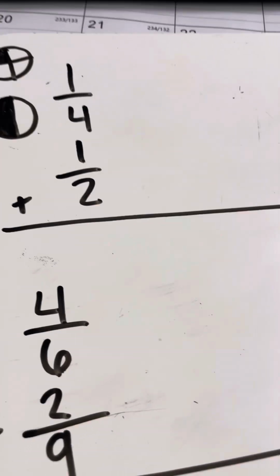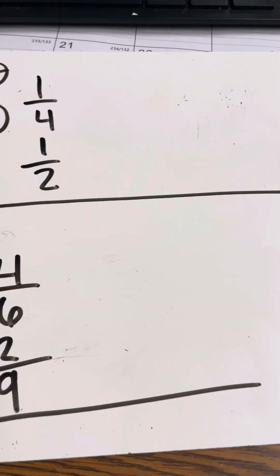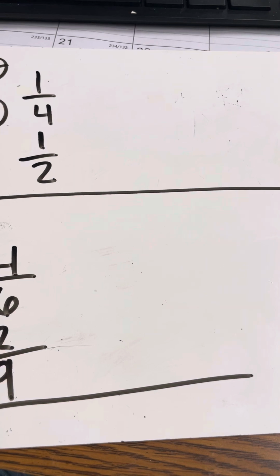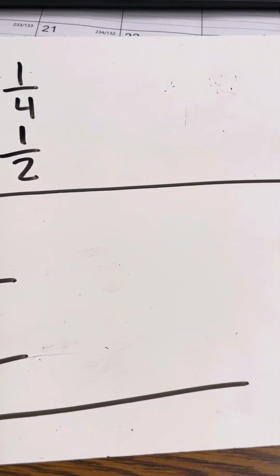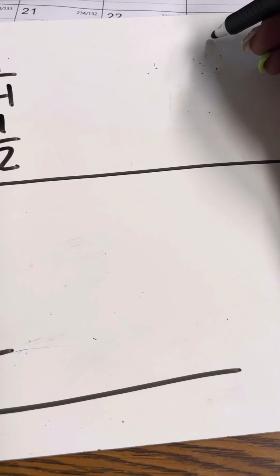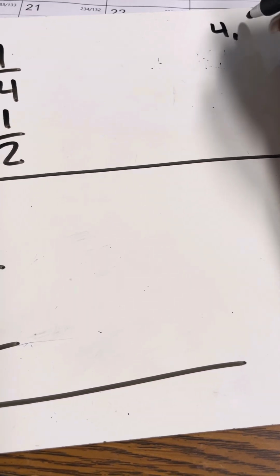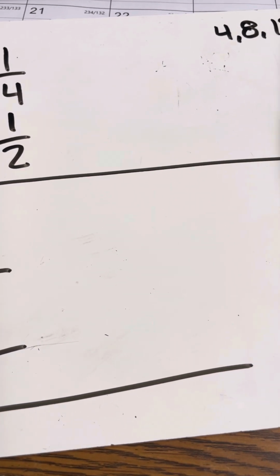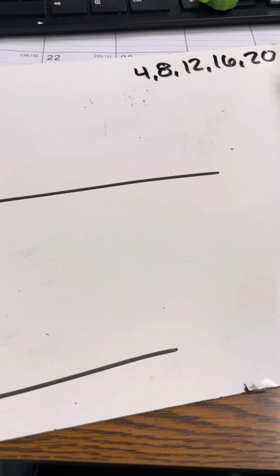So the very first step in solving a fraction is you need to come up with the least common multiple, okay? So basically the smallest number that they both have in common. So let's start with the 4s. So for the 4s, we have 4, 8, 12, 16, 20, just to be sure.